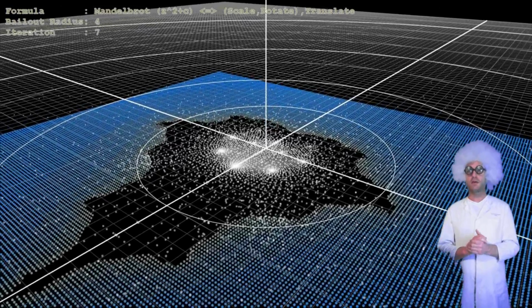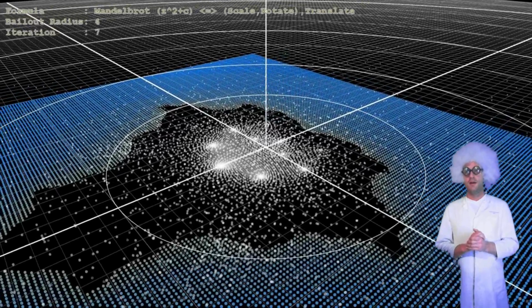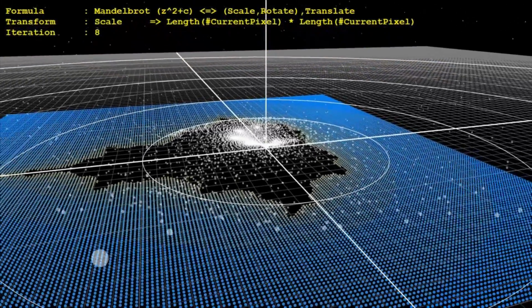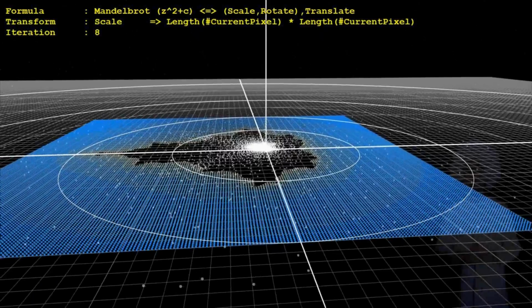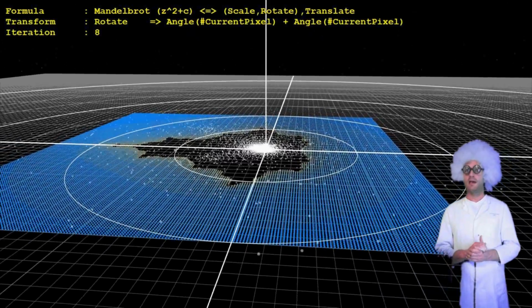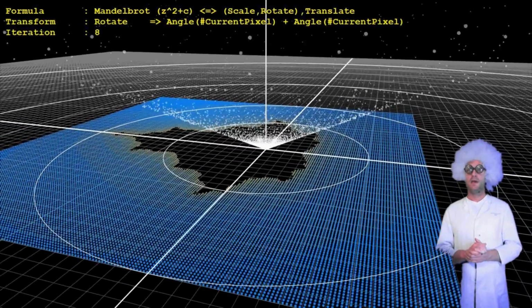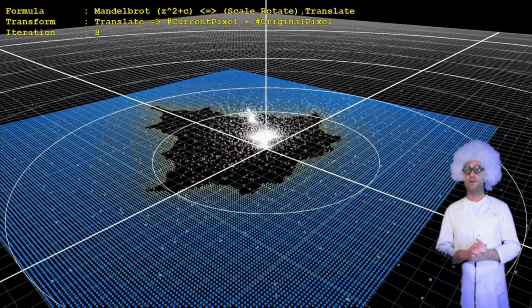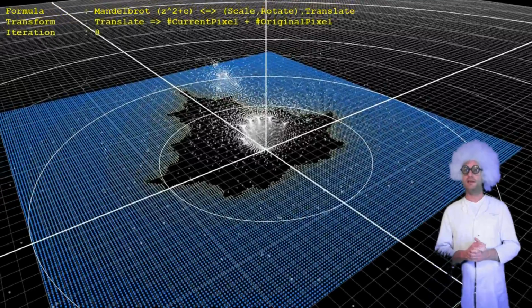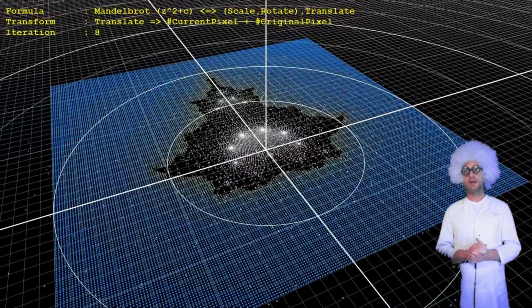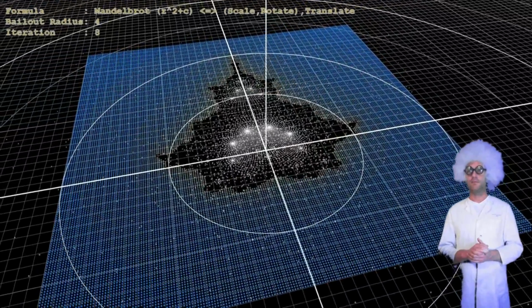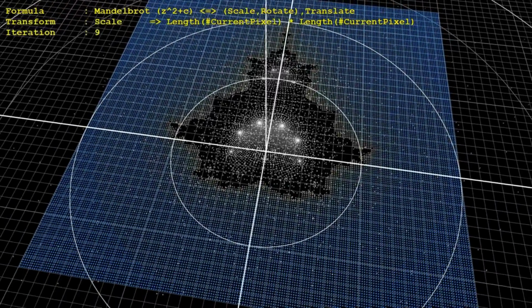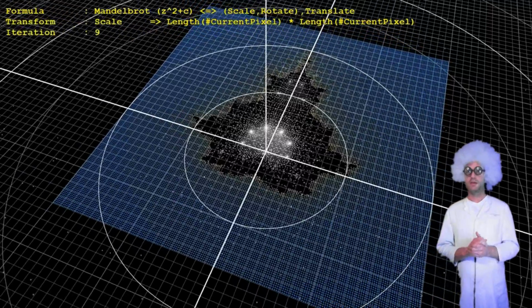The further we continue with the iteration, the fewer points escape. The complex squaring doubles the angles. This has the effect that points on the positive x-axis do not move at all, and points on the negative x-axis rotate by 180 degrees. The scaling.